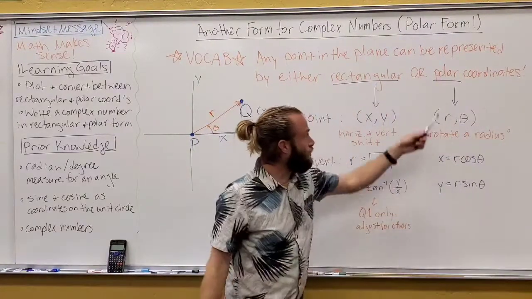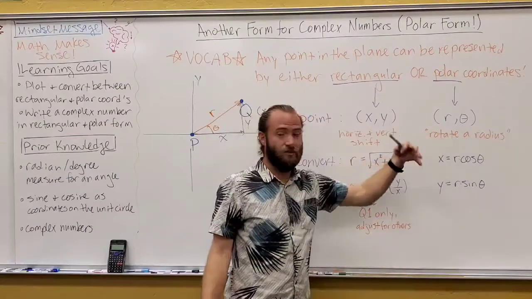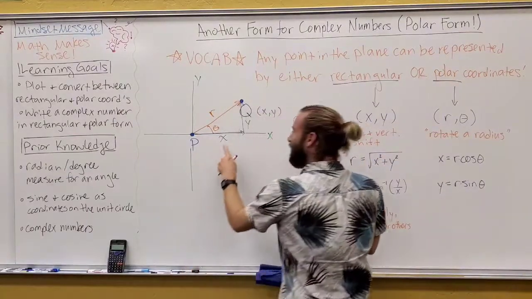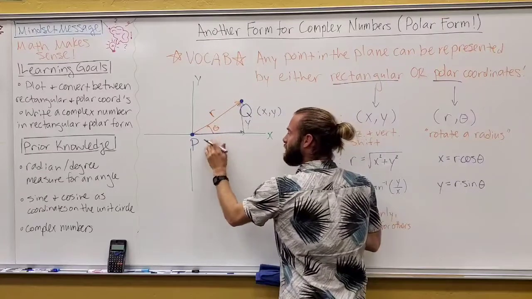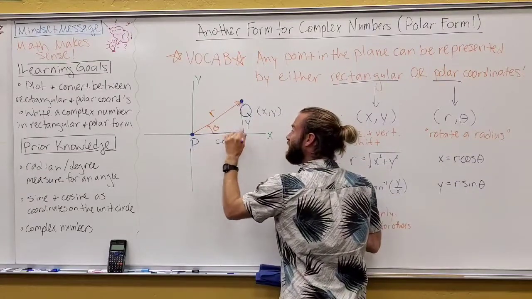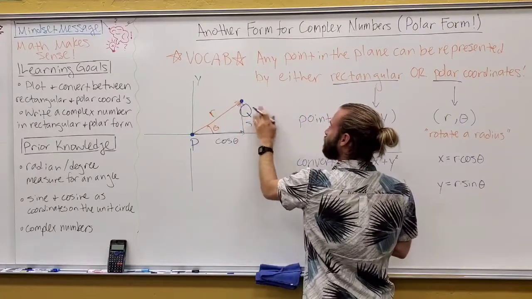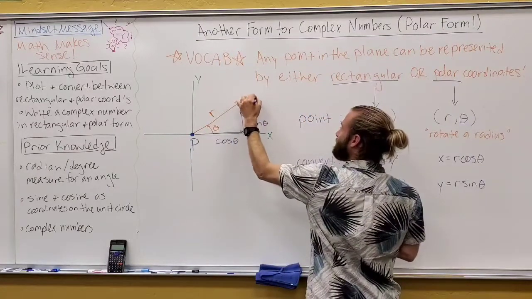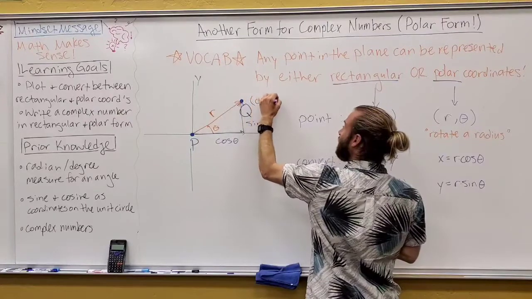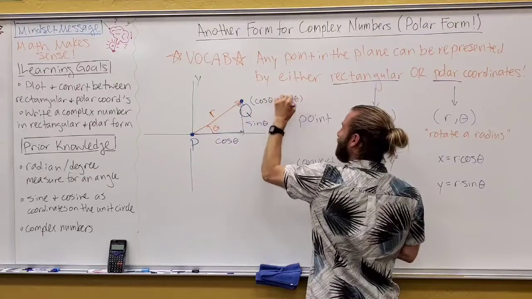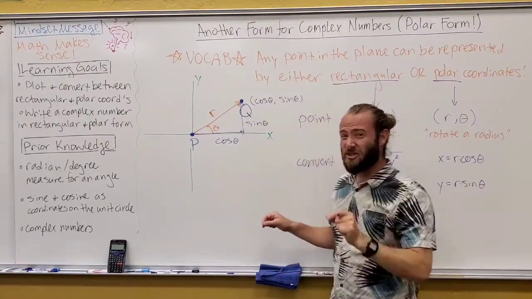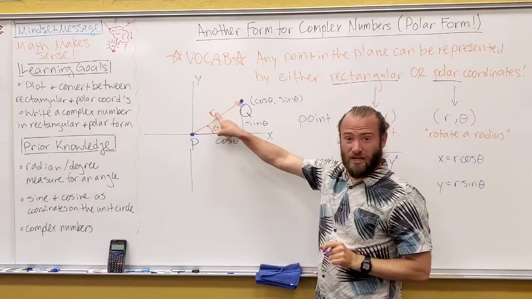And if we want to convert from polar coordinates to rectangular, I want to remind you that x is always equal to cosine theta, and y is always equal to sine theta. In fact, we can always write the coordinates as cosine theta, sine theta. The only problem here is that's in the unit circle directly, which has a radius of 1.